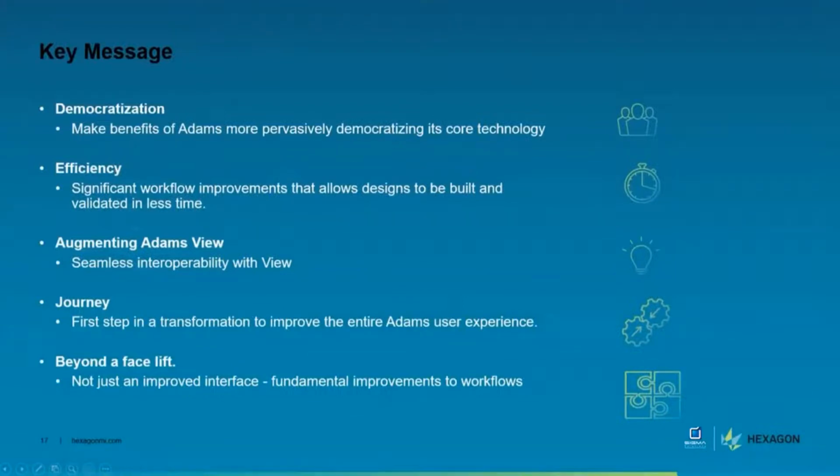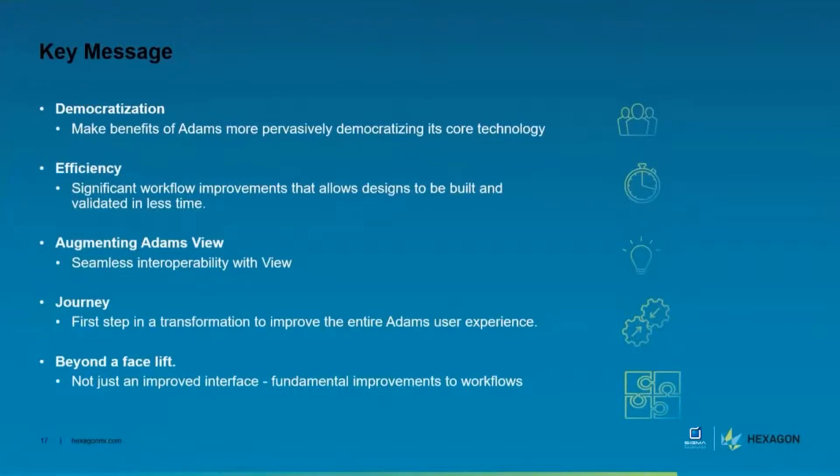And when I say democratizing, what I mean is bringing Adams to the masses through guided simulation workflow that eliminates historical barriers to adoption. And then enhancing efficiency, decreasing the time and effort required to build virtual mechanisms and prototypes and realize your product promise.